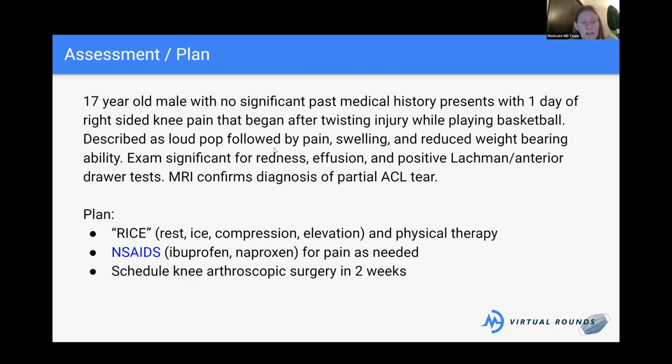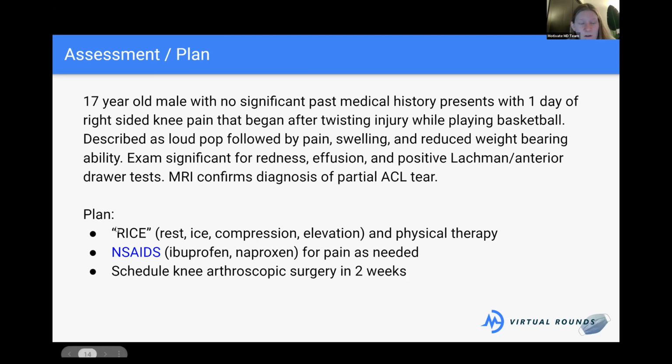And then the plan for our patient is going to start with supportive care. RICE therapy is the abbreviation that we use, a mnemonic, and it stands for rest, ice, compression, and elevation. These are supportive measures that we can recommend patients do at home on their own to help reduce swelling, help with pain, and prevent further injury.